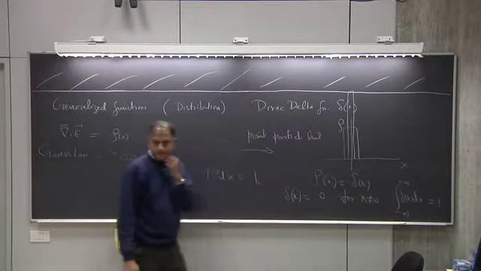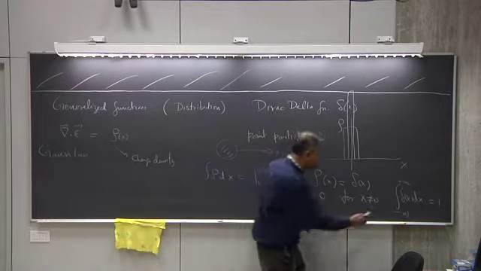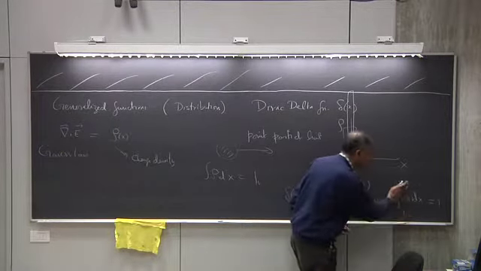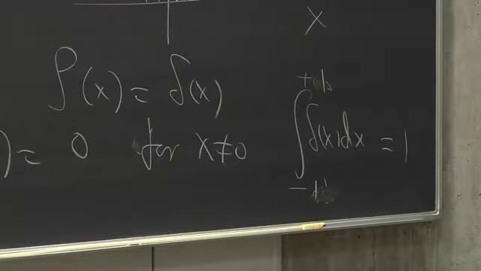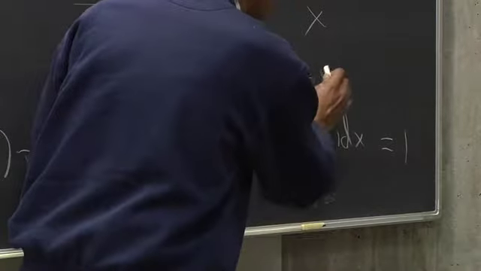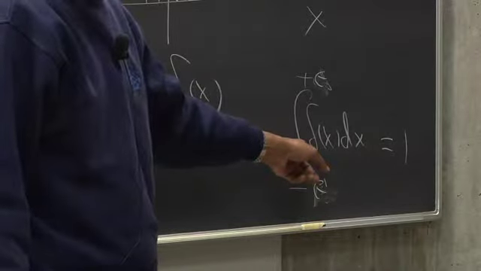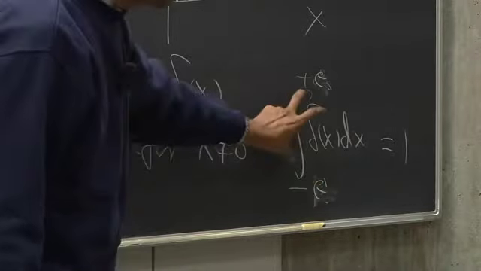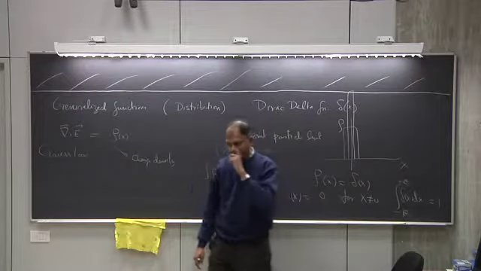Anyway it is 0 everywhere else, so you might as well just put the limits from -1 to +1. It doesn't matter because outside it's 0 anyway. So for any interval from -epsilon to +epsilon, that integral will be equal to 1, because the interval includes the point x equal to 0. So this is the idea.